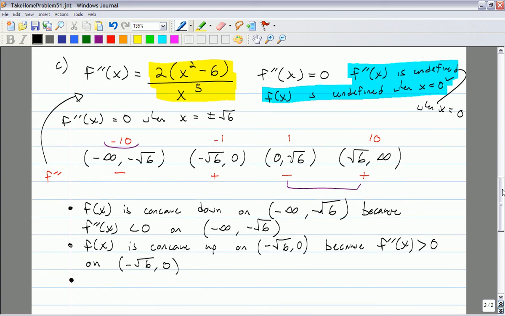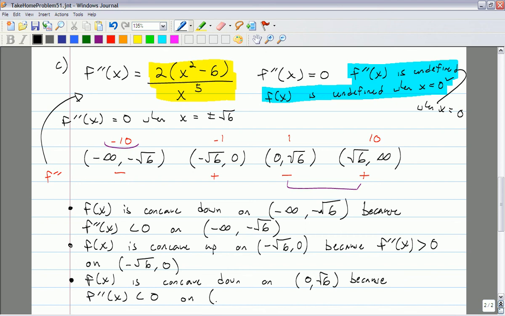Okay, next, f of x is concave down on 0 to root 6 because f double prime of x is less than 0 on 0 to root 6. Almost done.